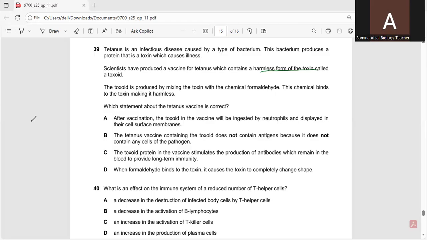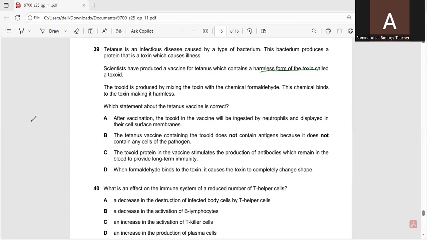This role is primarily performed by specialized cells like macrophages and dendritic cells. So according to this, the statement can be considered correct.